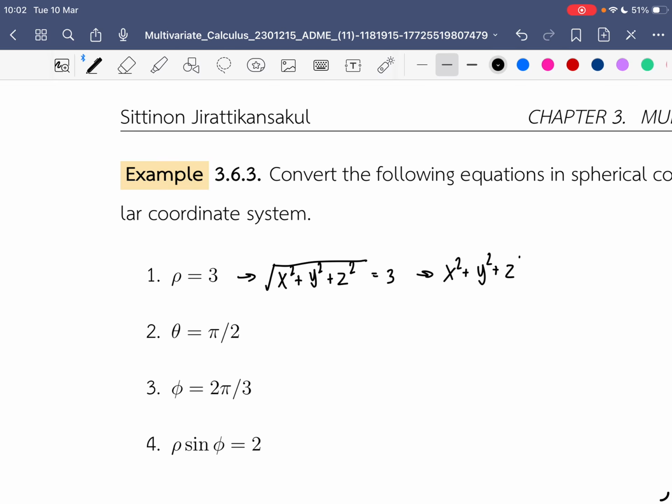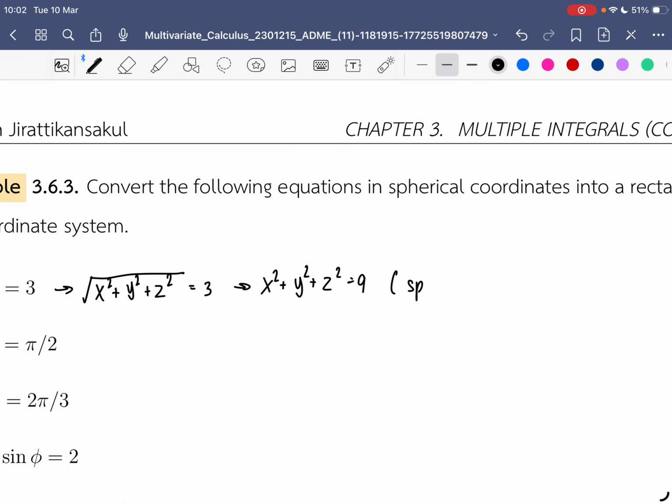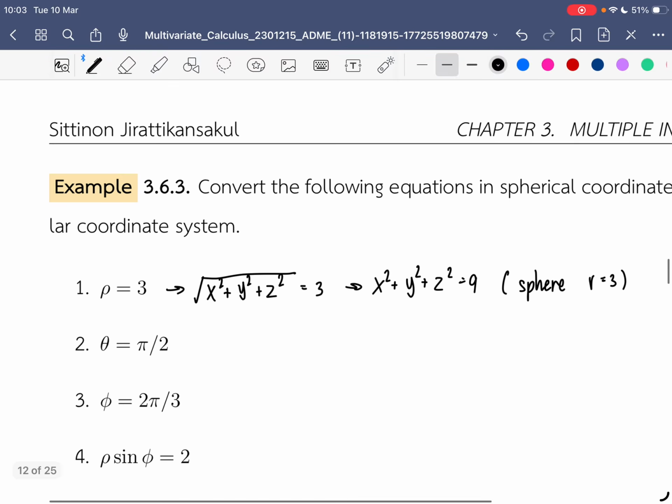For theta is pi over 2, what's the best approach to do this one? Tangent, right? Tan theta is tan pi over 2, which is undefined, of course. But you know that tangent is y over x, which means that x must be what? 0, right?